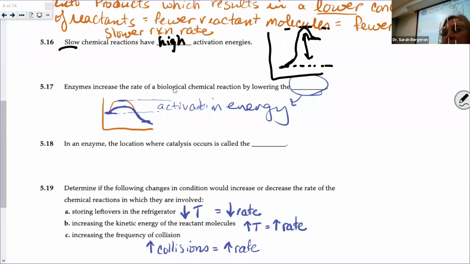So there's a name for the part of the catalyst or the enzyme that can fit our reactant molecules. The reactant molecules are the substrate, but there's a place on the enzyme called the active site. The active site.